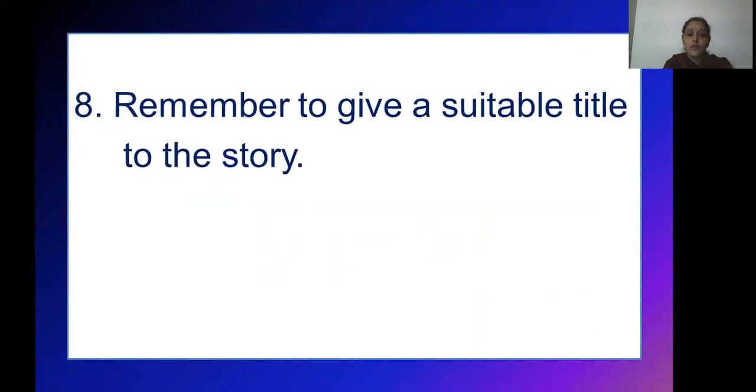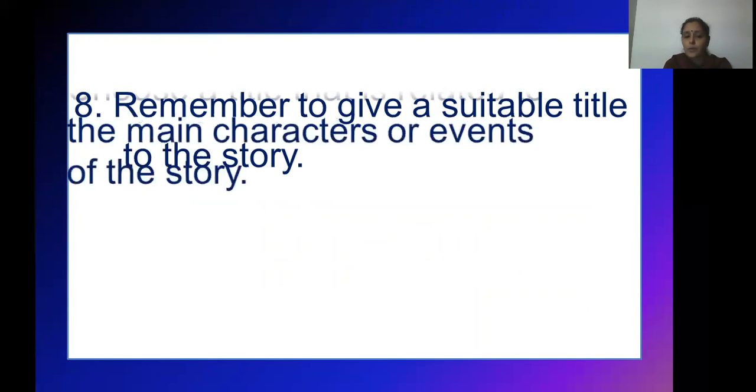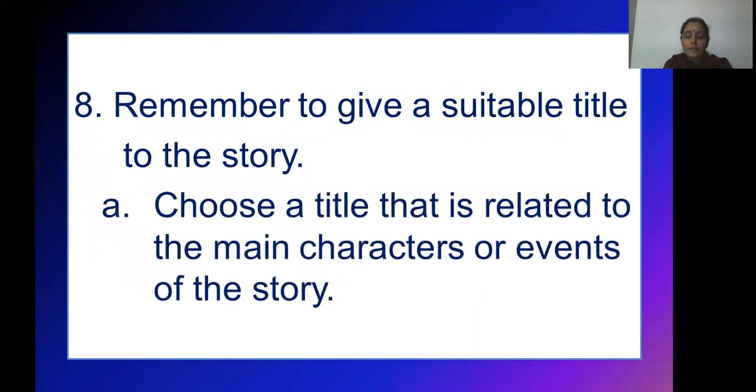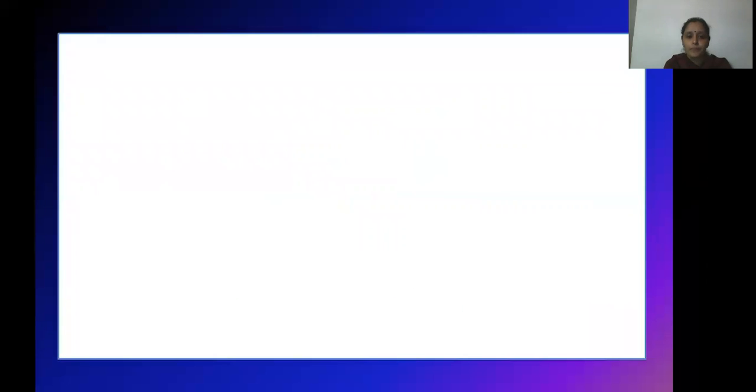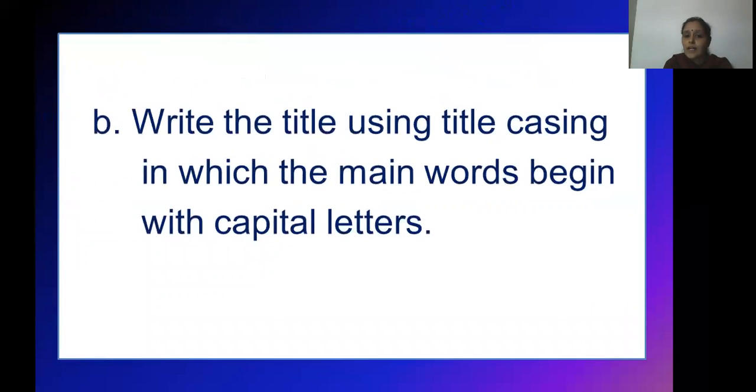Remember to give a suitable title to the story. Based on the outline and the characters in the story, you can decide and give a suitable title. Choose a title that is related to the main characters or events of the story. And one more thing you have to remember is to write the title using title casing, in which the main words begin with capital letters.